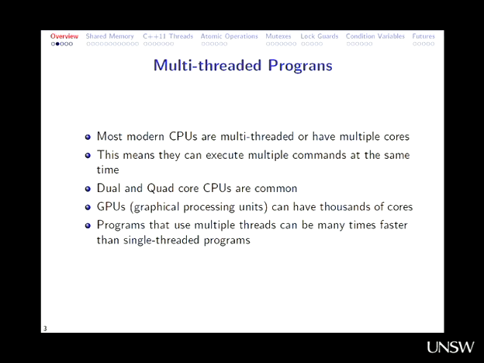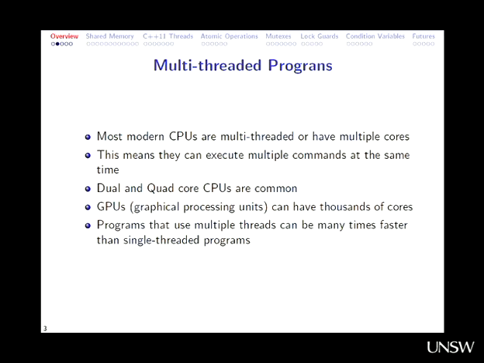Again, in consumer systems, we often have dual or quad core CPUs. My laptop here is a quad core CPU, which has hyper-threading, which means that when I go to write code, I can do 8 things in parallel. But hyper-threading is slightly different to having physical hardware cores. GPUs, so graphical processing units, can have thousands of cores.